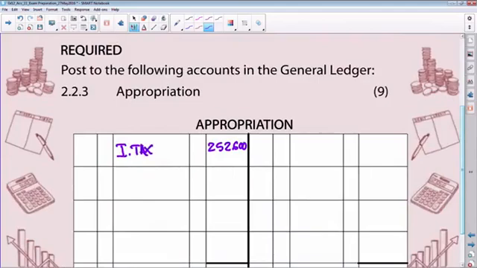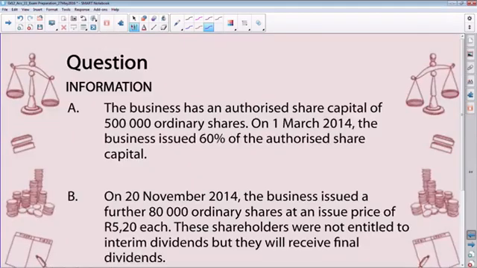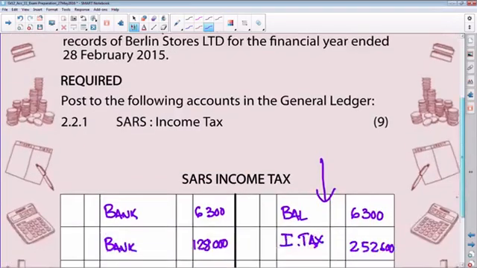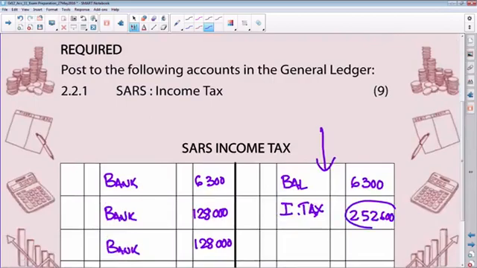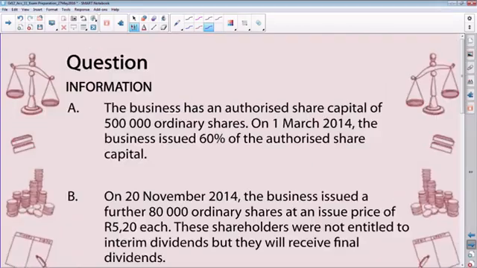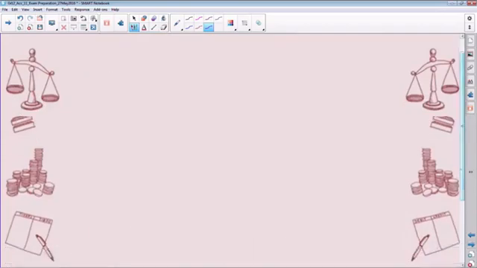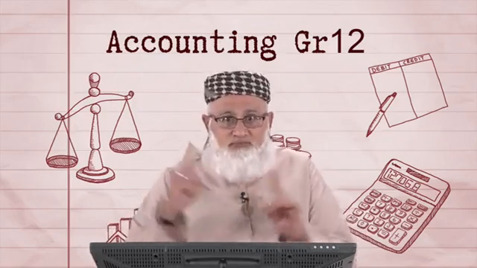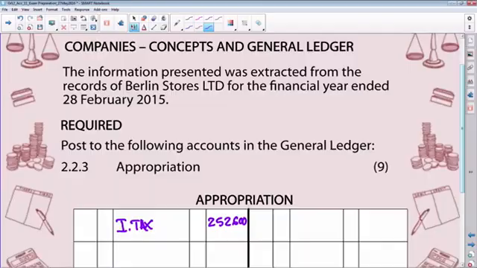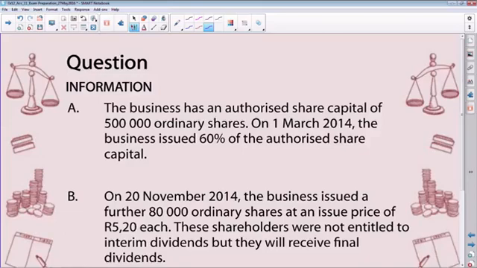You've calculated the figure in your account here where you've shown 252,600, and immediately here you would include the amount of 252,600 as part of the entry in the appropriation account. So you're working simultaneously. So when it comes to the appropriation account, you don't forget that figure. Right. Okay. Let's go back.